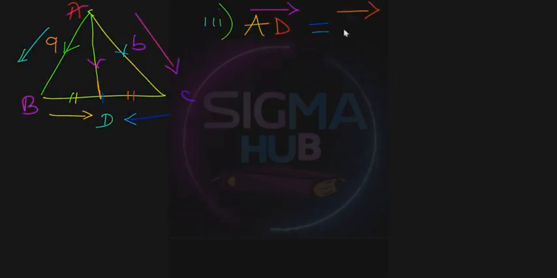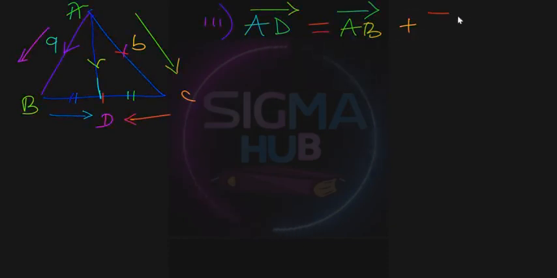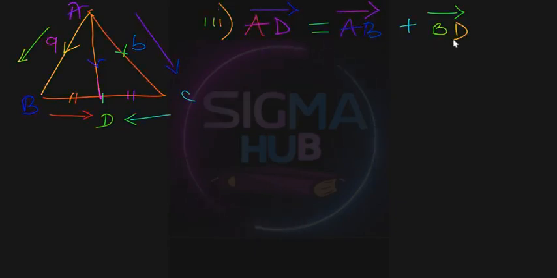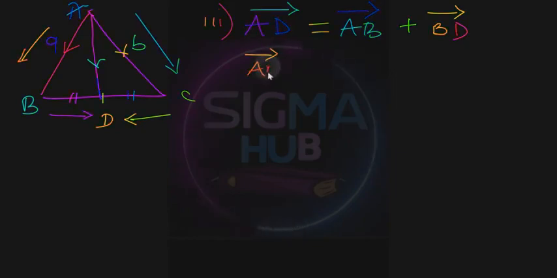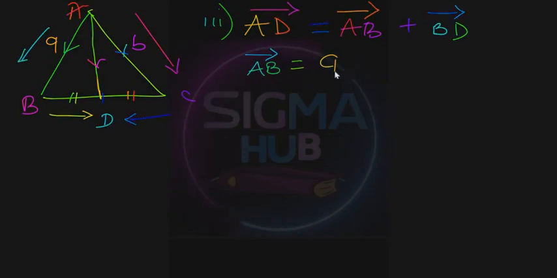So it's the same thing as moving from A to B, then from B to D. And we already know what our AB is. Our AB is already given to us as A. And we know what our BC is.